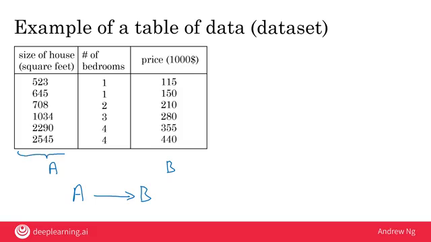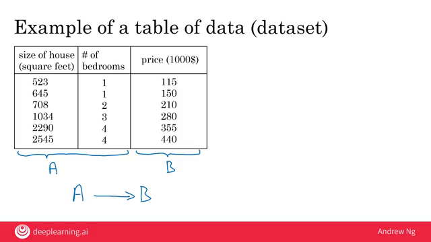In that case, A can be both of these first two columns, and B can be just the price of the house. So given a table of data, given a data set, it's actually up to you, up to your business use case to decide what is A and what is B.